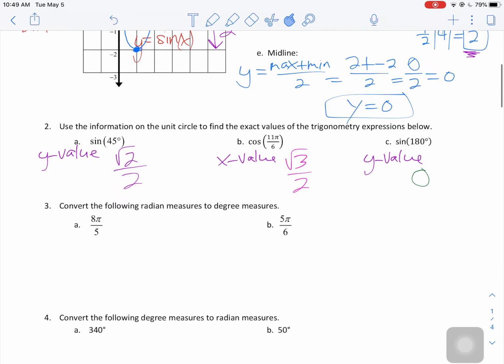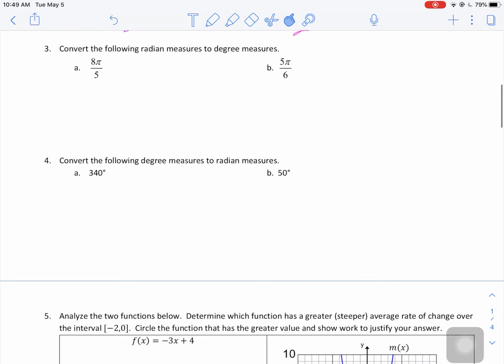Number 3, convert the following radian measures to degree measures. So anytime you're trying to convert from radians into degrees, you want to multiply by 180 degrees over pi radians. The rule of thumb is that whatever unit of measurement you want your answer to be in, those are the units you want in the top of the fraction.